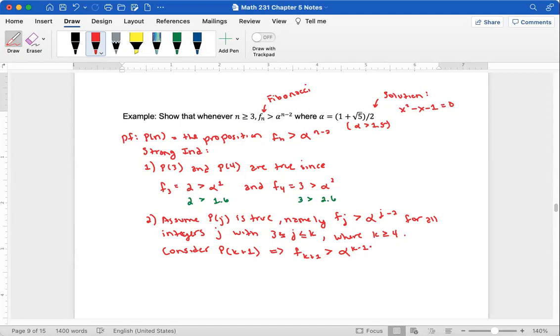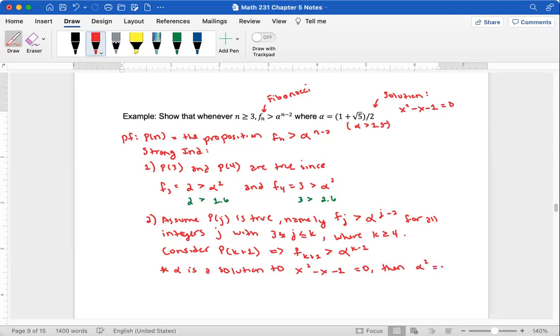All right, so here's what I've got to do. I've got to tackle a way of looking at the Fibonacci numbers in terms of alpha. So let's start by bringing up what I said I was going to bring up in the proof, and that is, we know alpha is a solution to x squared minus x minus 1 equals 0, which means we could rewrite this, plugging alpha in for x, as alpha squared minus alpha minus 1 equals 0.